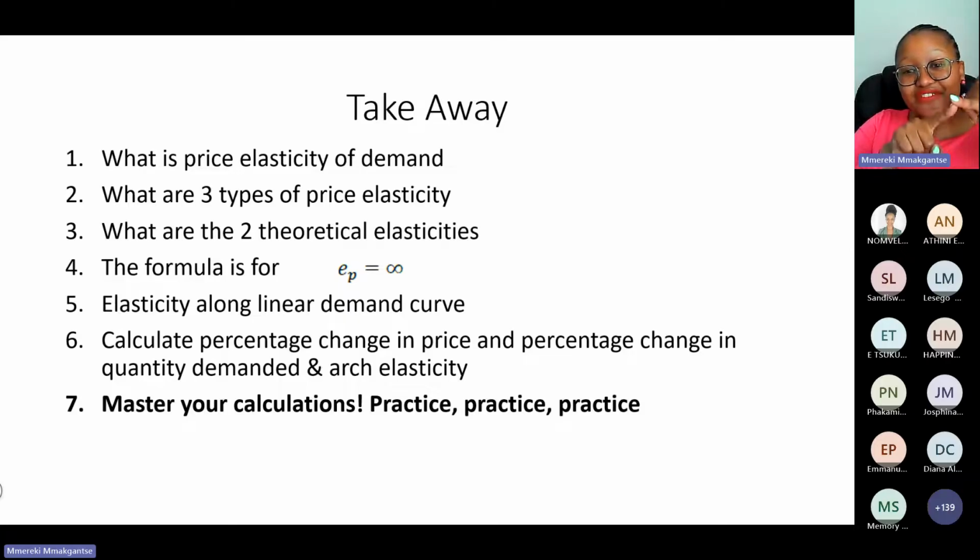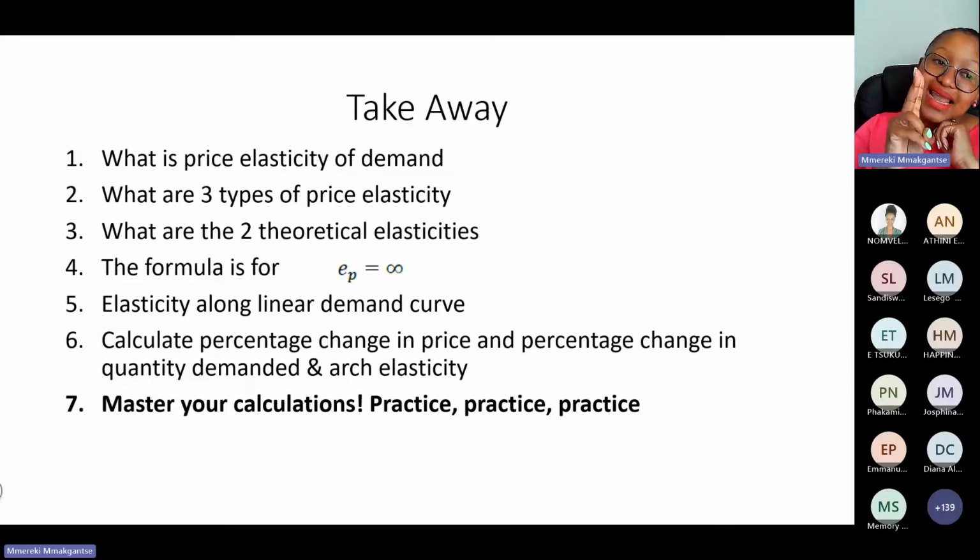We have relatively price elastic, the rubber from Chicken Licken; unitary elasticity, when the coefficient is one; and relatively price inelastic. This is what you are taking away today. And then we have the two theoretical elasticities, ne?